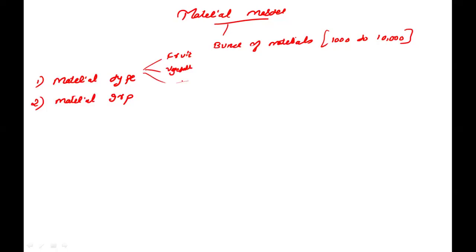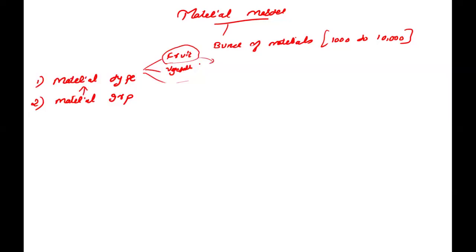Now, under this material type, you have this material group. So this material type has a subcategory, which is a material group. If I take fruits as an example, in fruits you have different types of fruits again.